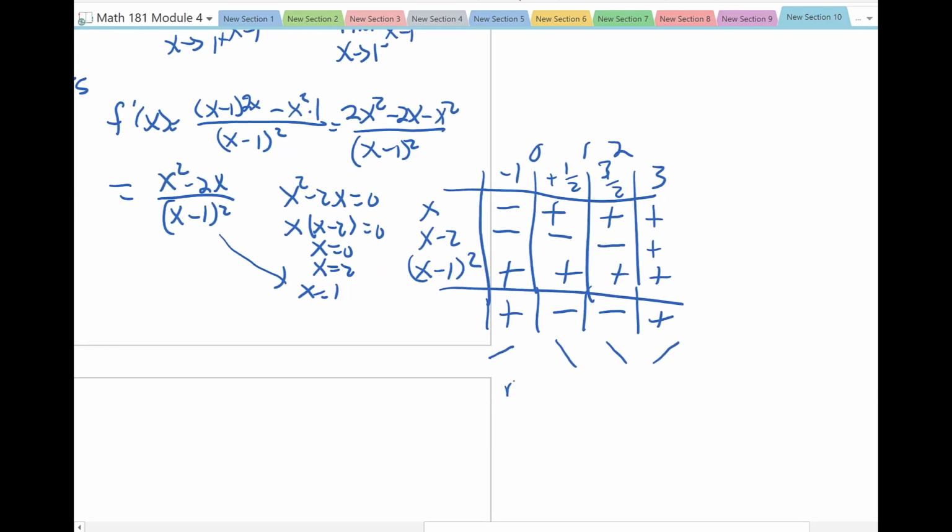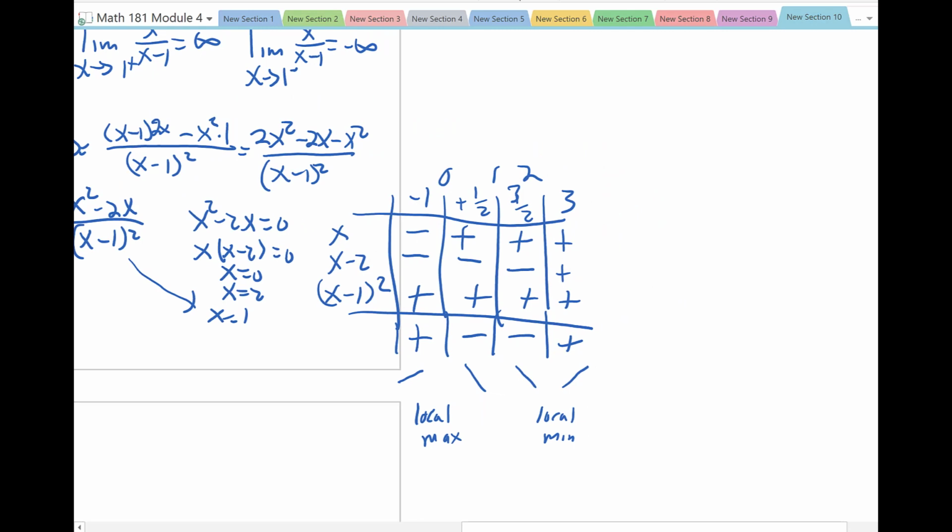So we have a relative, or should I say local max. And here we have a local minimum. So that f of 0 is a local max.